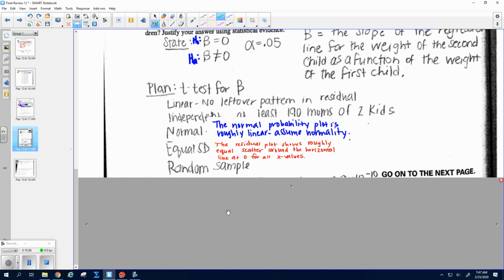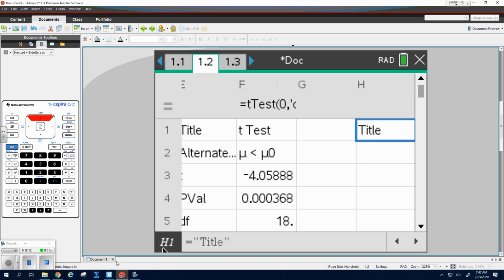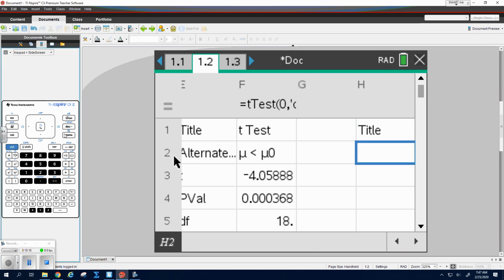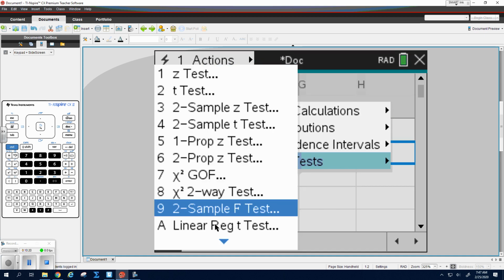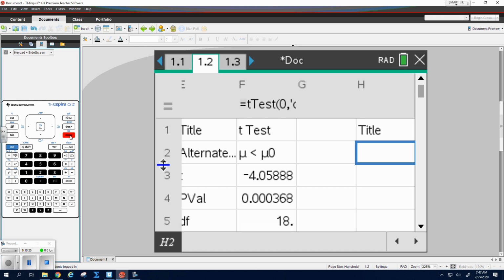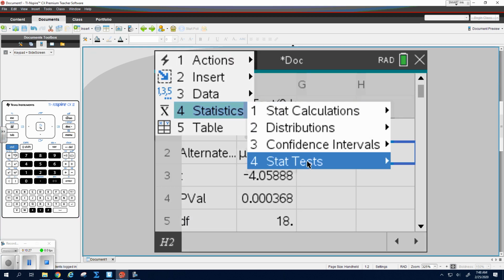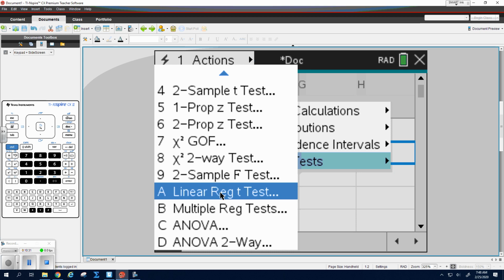So where to do the t-test for slope? You can just find a blank box somewhere over here and go to menu, go to statistics, go to stat tests, and we're looking for linear regression t-test.